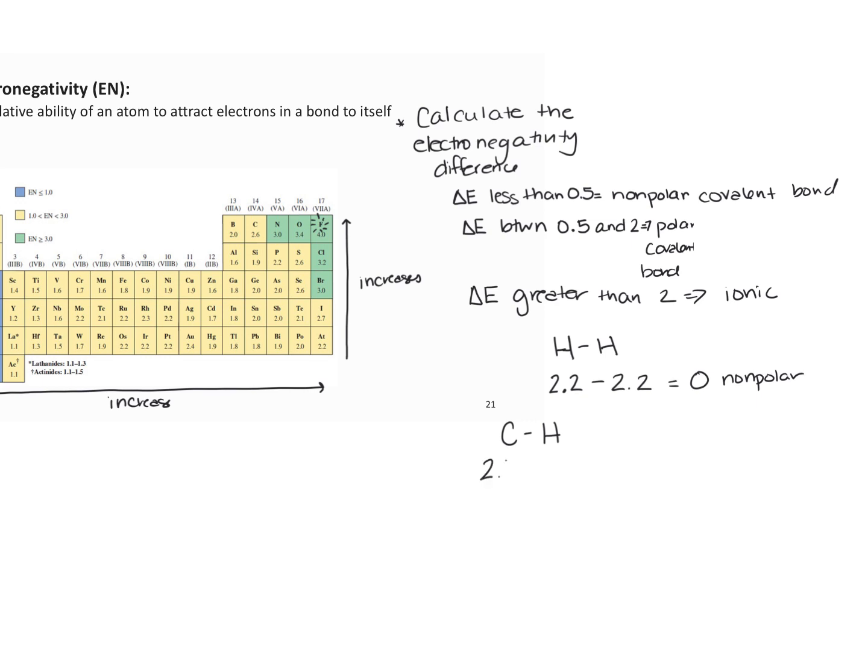So that's 2.6 minus 2.2, which gives 0.4, and that's still nonpolar. Then you have Cl and H. 3.2 minus 2.2 is 1.0, and that's polar covalent.